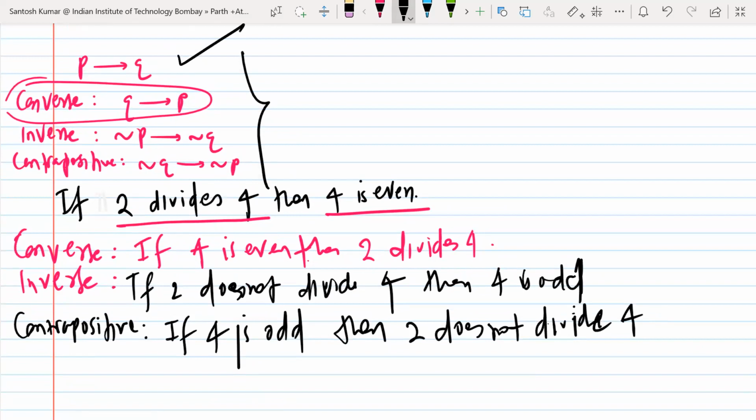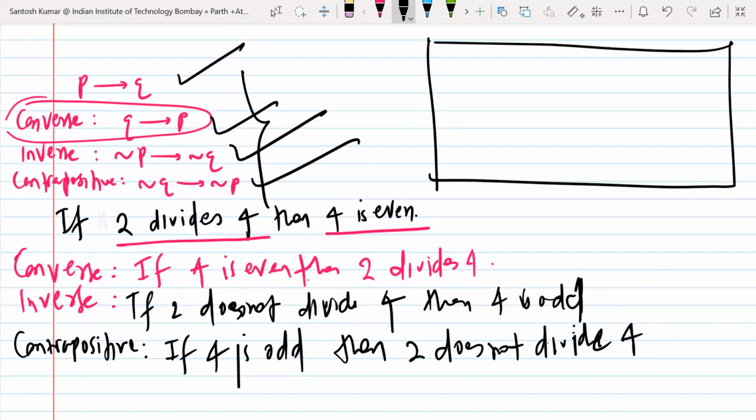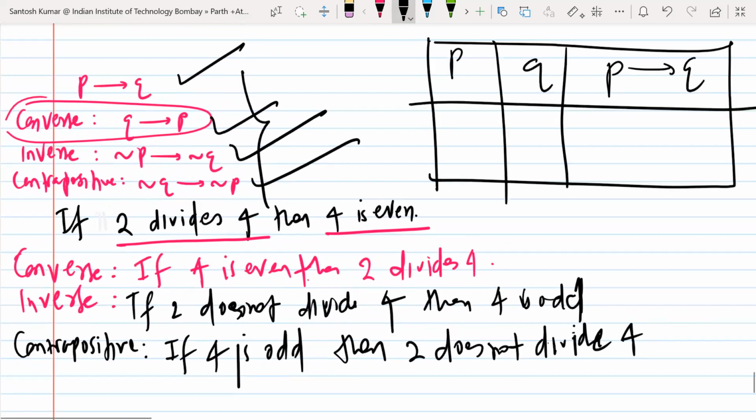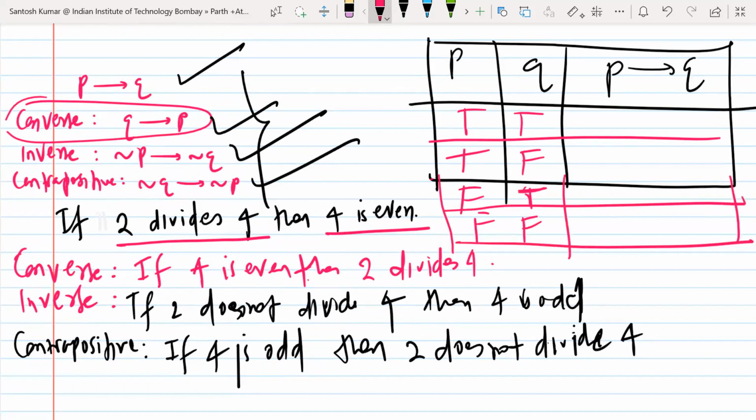If you are given an if-then statement, you can write the converse, the inverse, and the contrapositive. Now the question is you have to make the truth table. Do you remember the truth table for P implies Q? Let me remind you. P, Q, P implies Q. The possibilities: both can be true, true-false, false-true, or false-false. Now, do you remember how to write it?